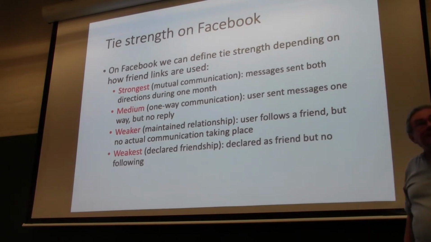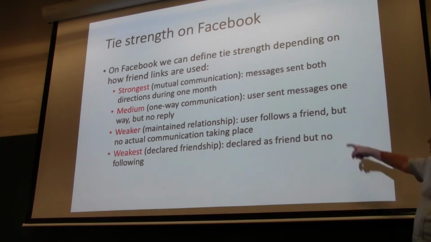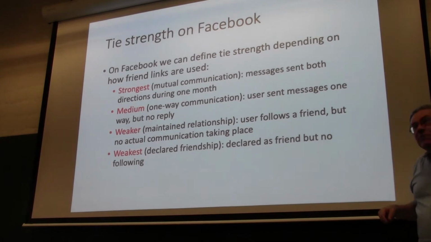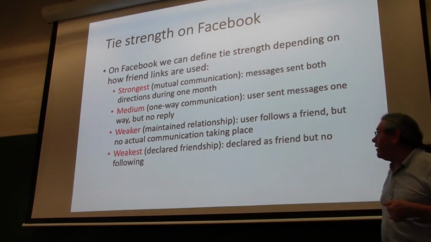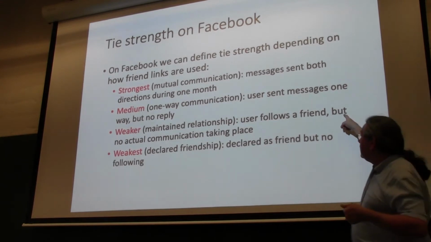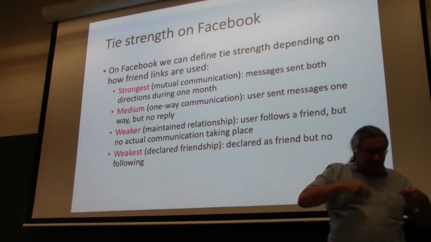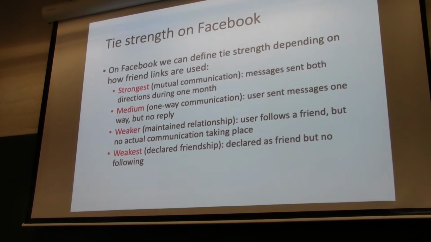Facebook, of course, makes a lot of money out of that. They say, look, we have so many friends, but most of those friends are not really very close. The weaker one is you follow somebody. Sometimes you look at their page, but you don't actually communicate with them.